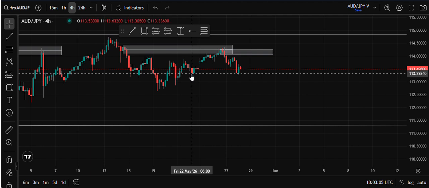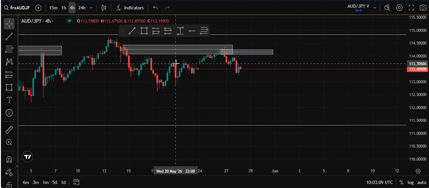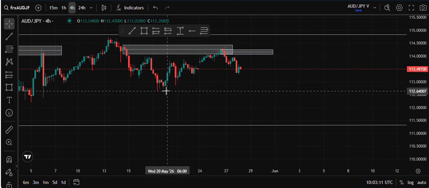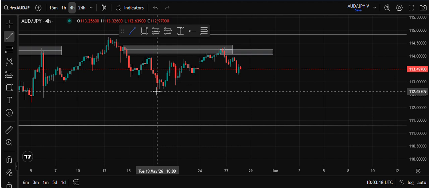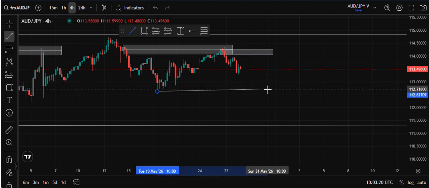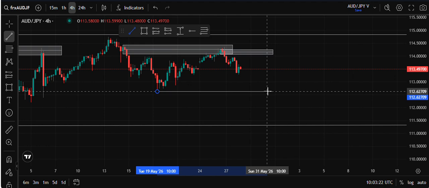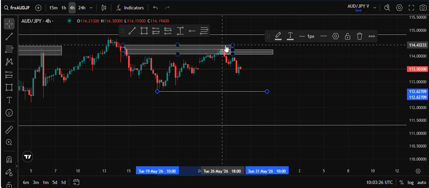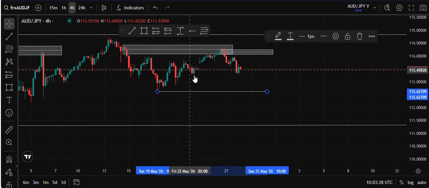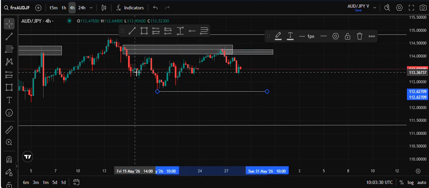So yeah, it respected this, kind of, which was respected by this also. So this is something of this nature. We're waiting for the market to actually break this level. Because say this was our high, it's kind of like a ranging market.